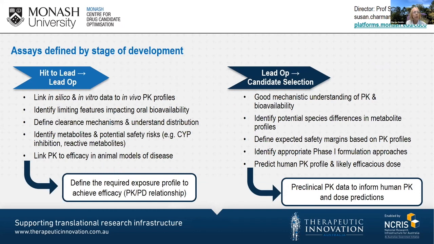So from hit to lead optimisation, the CDCO scientists link in silico and in vitro data to the in vivo pharmacokinetic profiles, identify limiting features in the structures that impact oral bioavailability, define the clearance mechanisms and understand the biodistribution of the molecules, identify metabolites and potential safety risks, such as inhibition of cytochrome P450 metabolism or the formation of reactive metabolites.